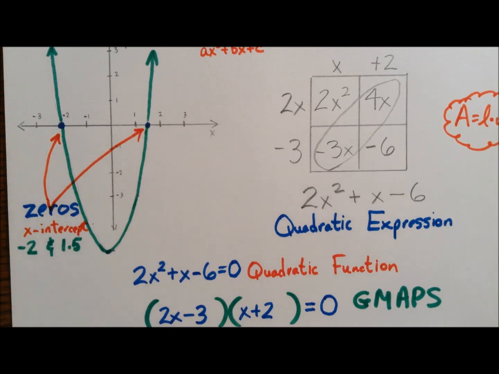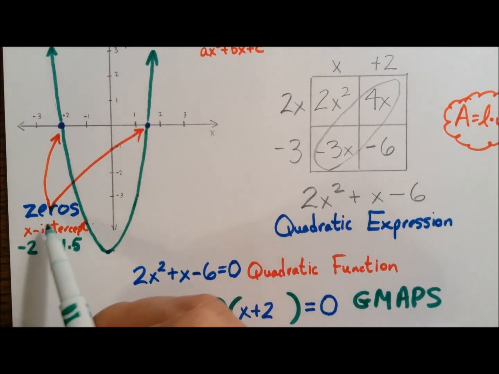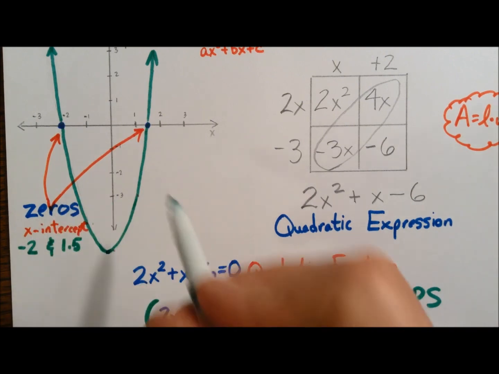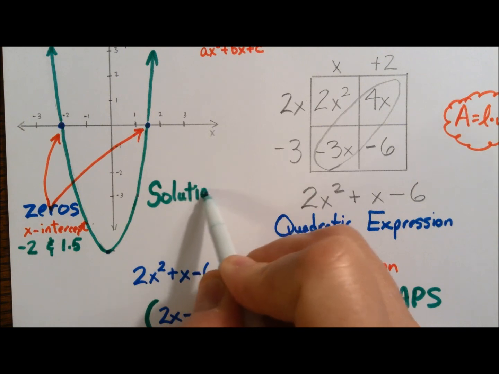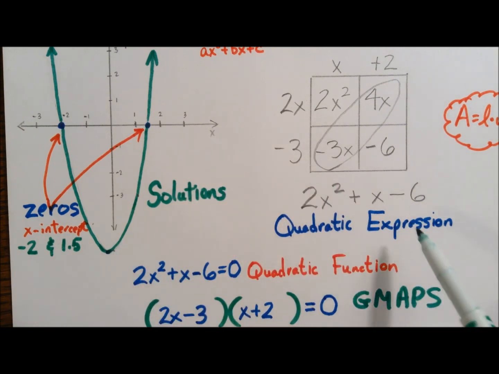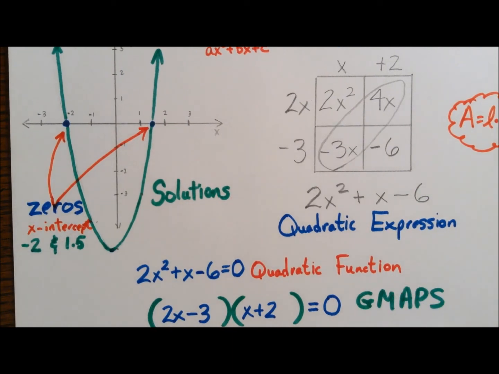But because it's an equation, today we're going to find the solutions. So these 2 points over here are the x-intercepts. They're also known as the zeros, but they are the solutions to the quadratic function. So how do we do that?